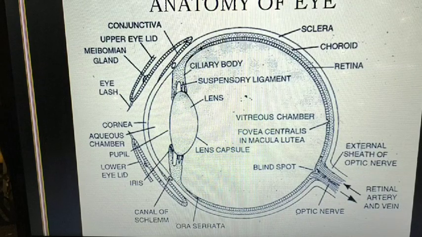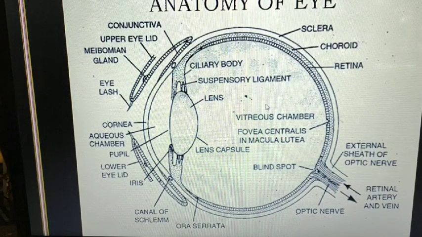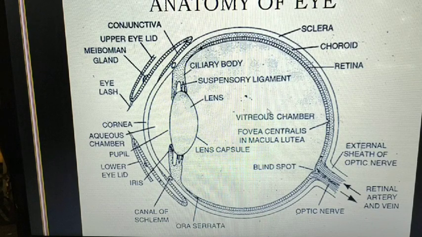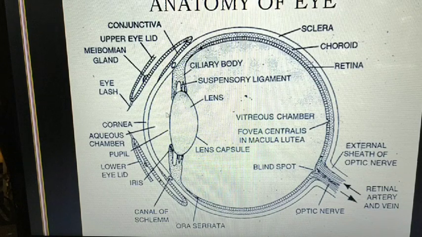So each human eye is about 2.5 centimeters in diameter, and it is made up of 3 coats. First, let me explain about the coats, and later we'll see about the lens and other parts.